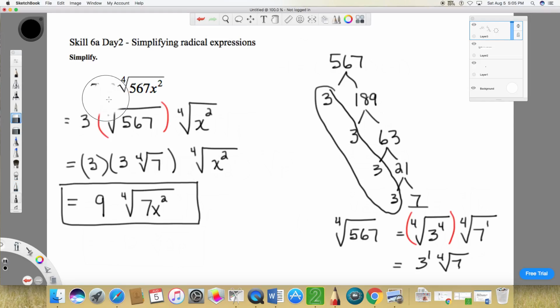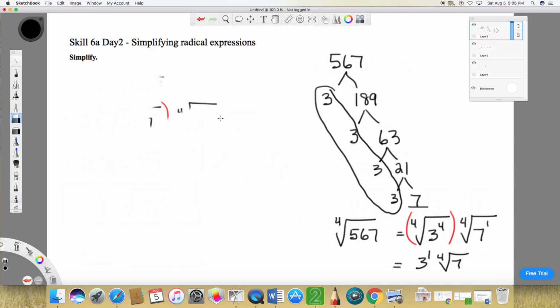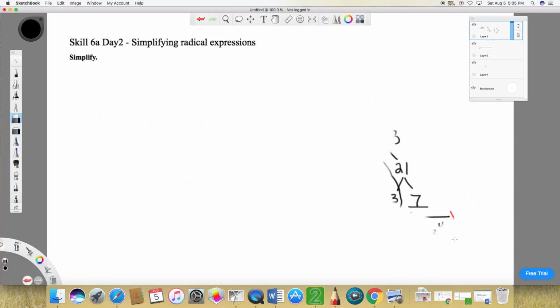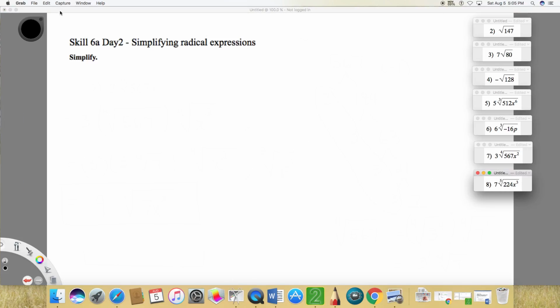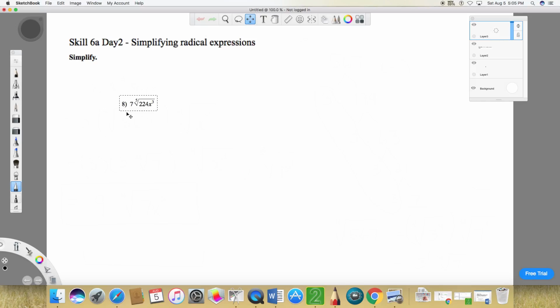Let's take a look at number 8 and see what we can do with it. What kind of a radical do we have? What's the index?